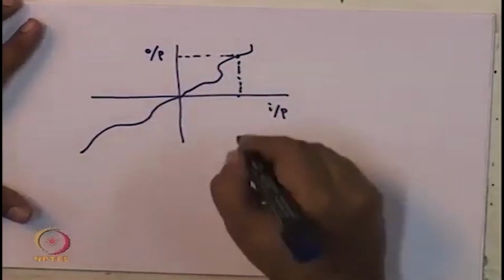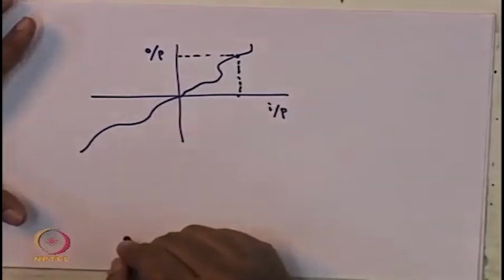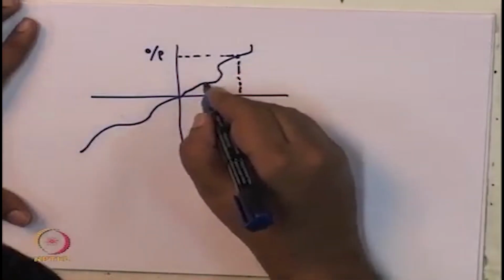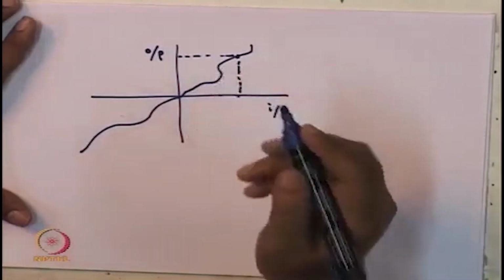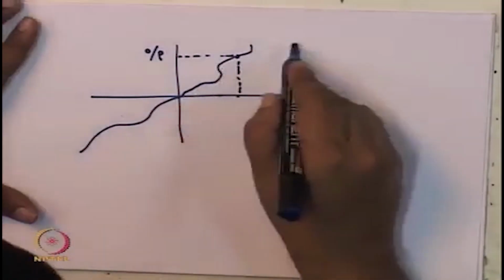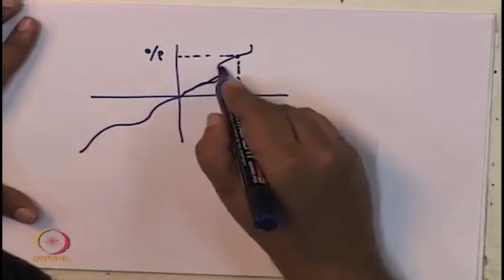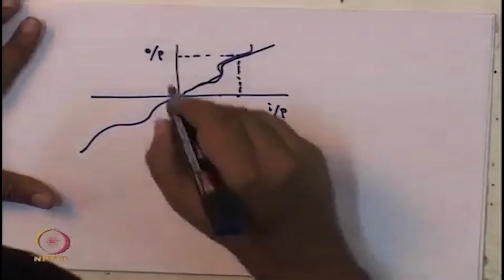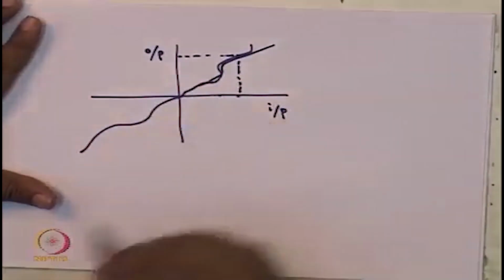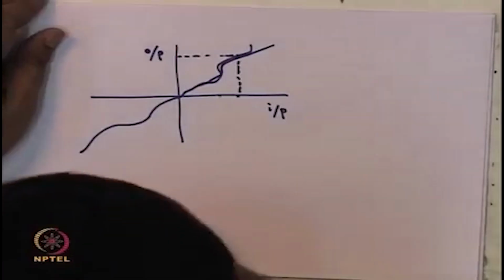This curve is a slightly twisted curve, so it looks like with this input there might be multiple values, but let us assume the curve was straight enough so that such a situation never arose. The output purely depends upon the instantaneous value of input.